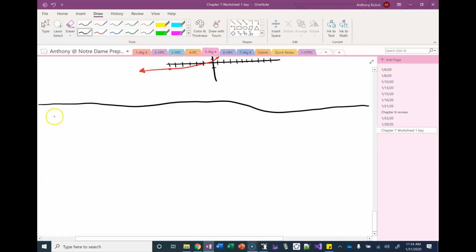Today, what I want to talk about is simplifying radical expressions.